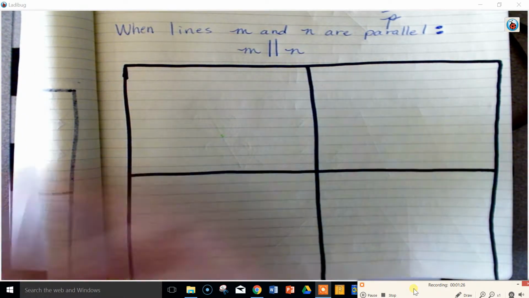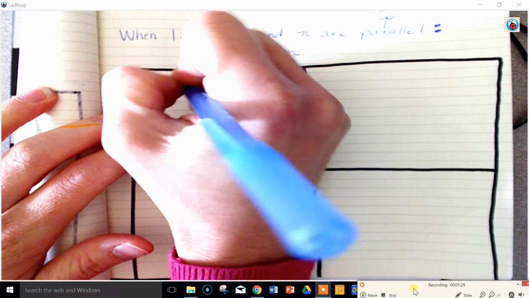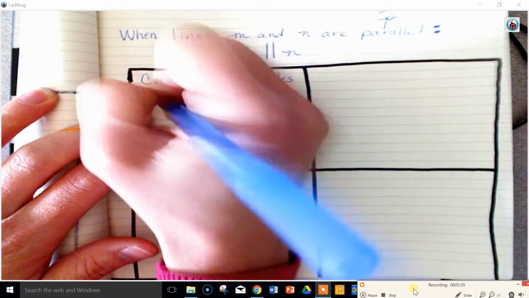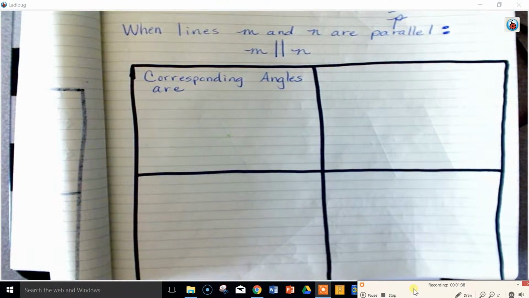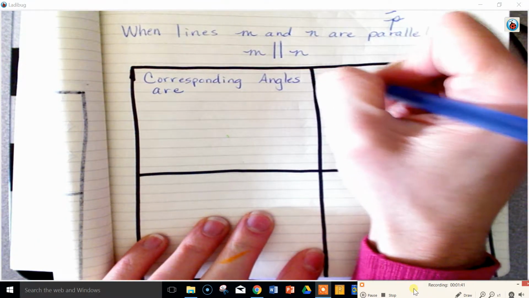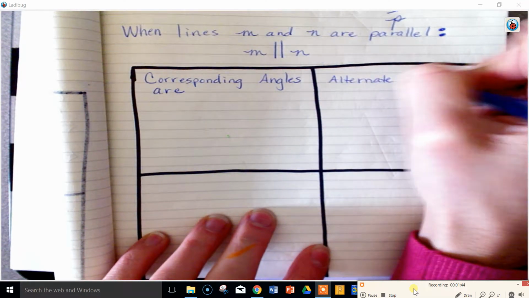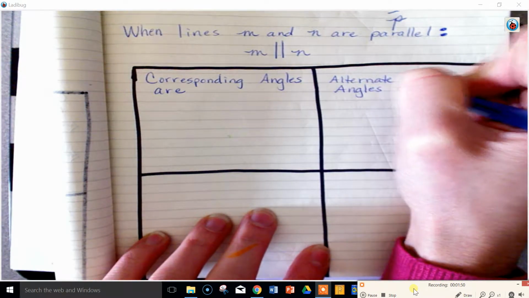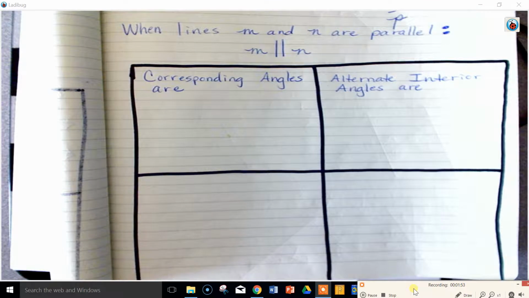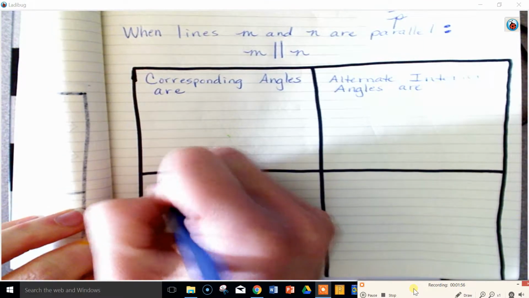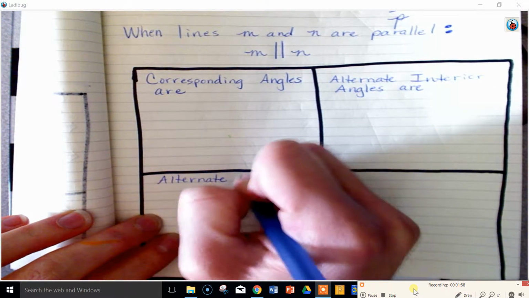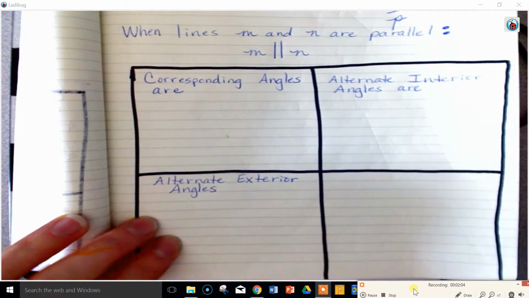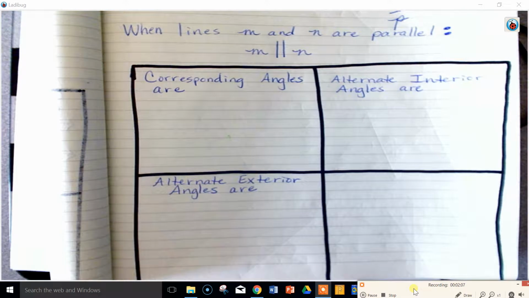So when we have two parallel lines, corresponding angles are going to be something. Alternate interior angles are also going to be something. Alternate exterior angles are going to be something.